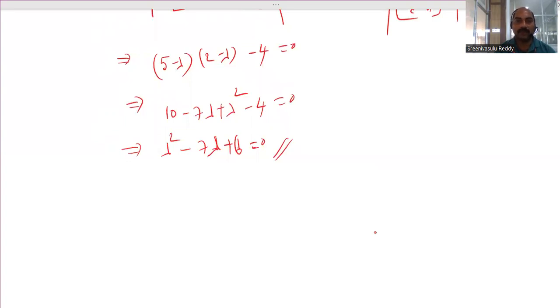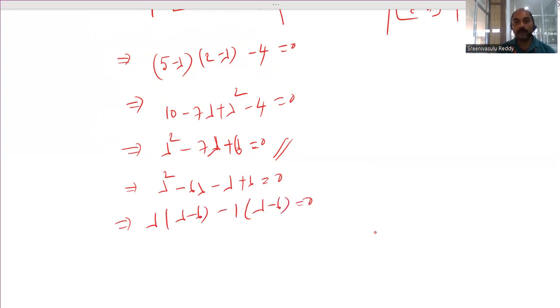As you wish, you can apply any way. Our intention is to find lambda 1 and lambda 2, either by the synthetic method or the minus b plus or minus square root of b square minus 4ac method. Here I am applying the factorization method.